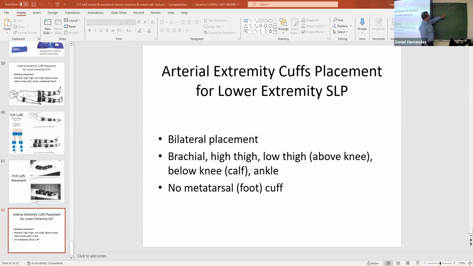So if I was looking at this picture, is the right CCA proximal or distal to the brachiocephalic artery? Distal, good. The right subclavian would also be distal to the brachiocephalic artery.